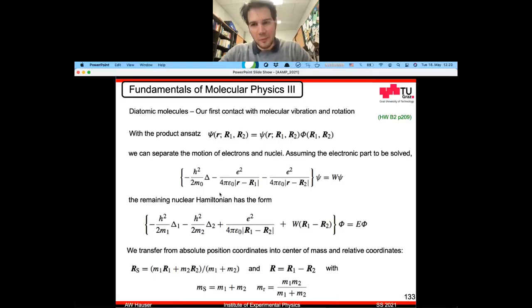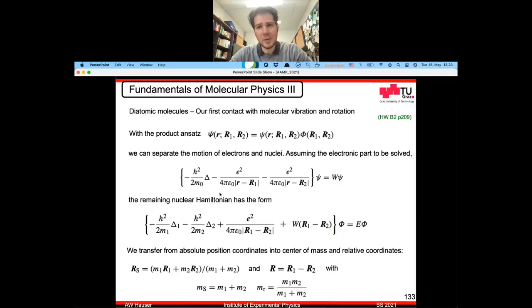I mean, obviously, we have already sort of made a coordinate transformation when speaking about the Hartree-Fock procedure, where we said, okay, for a diatomic, the only degree of freedom in terms of nuclear motion that plays a role for this molecule is the internuclear distance. So it's effectively only one coordinate.